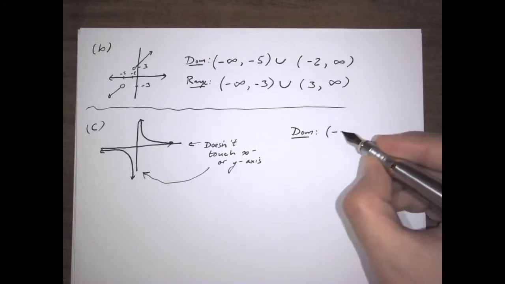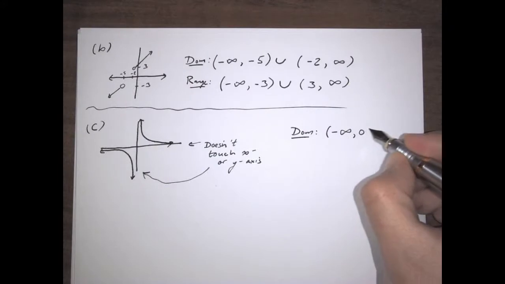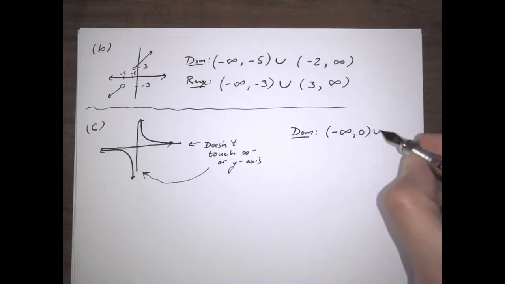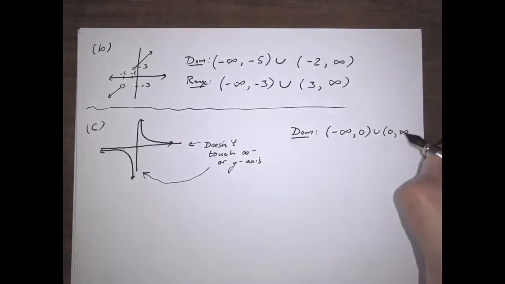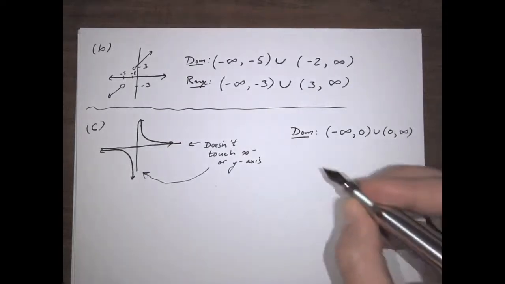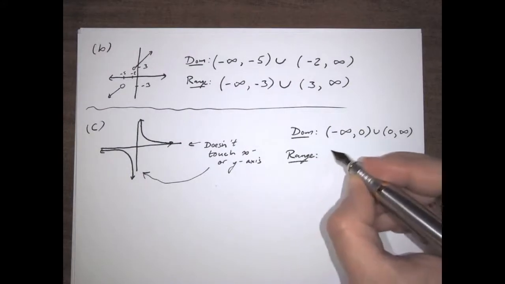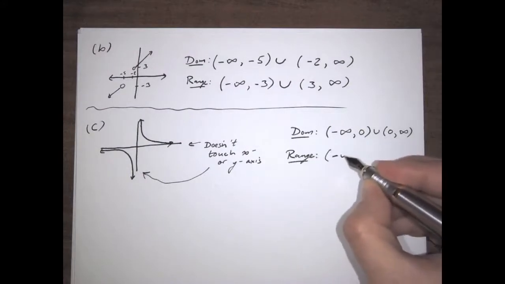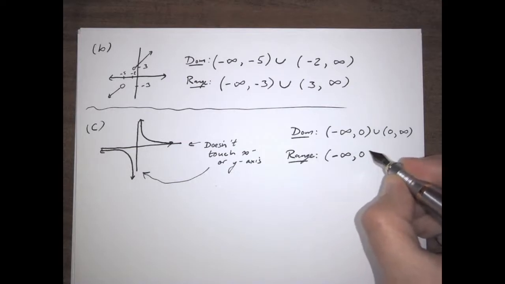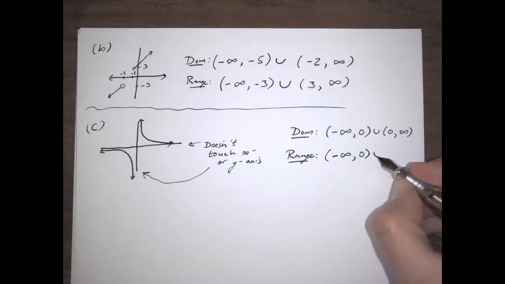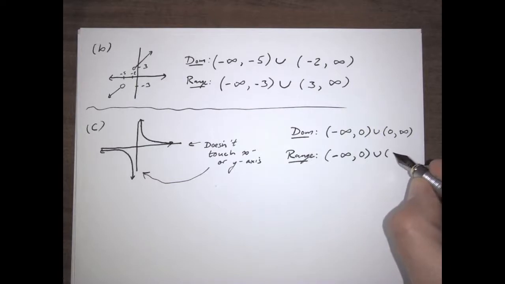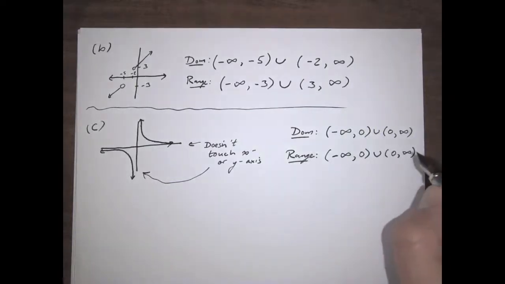So the way we can do that is negative infinity to 0, not inclusive, and then 0 to infinity, also not inclusive. As for the range, the exact same thing. Negative infinity to 0, not inclusive, then everything from 0 to infinity, also exclusive.